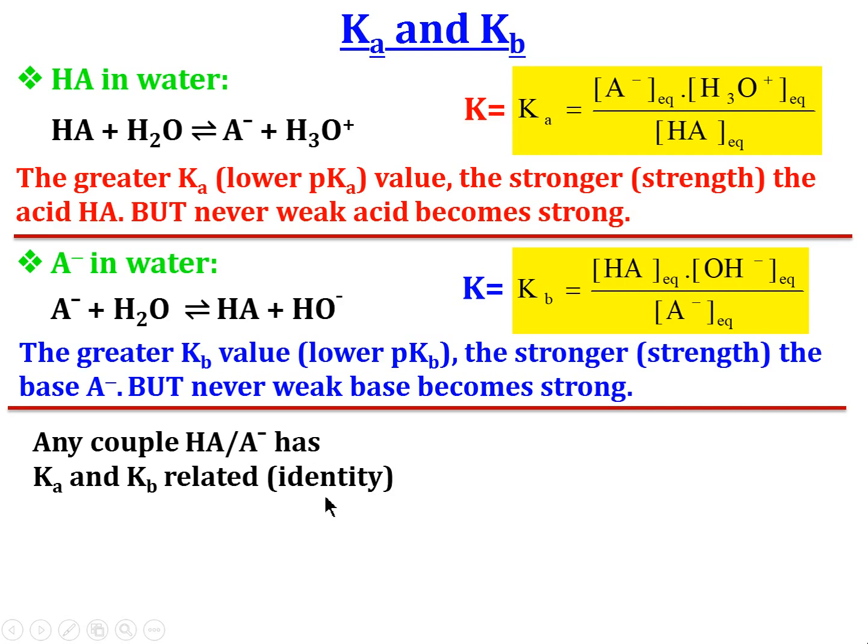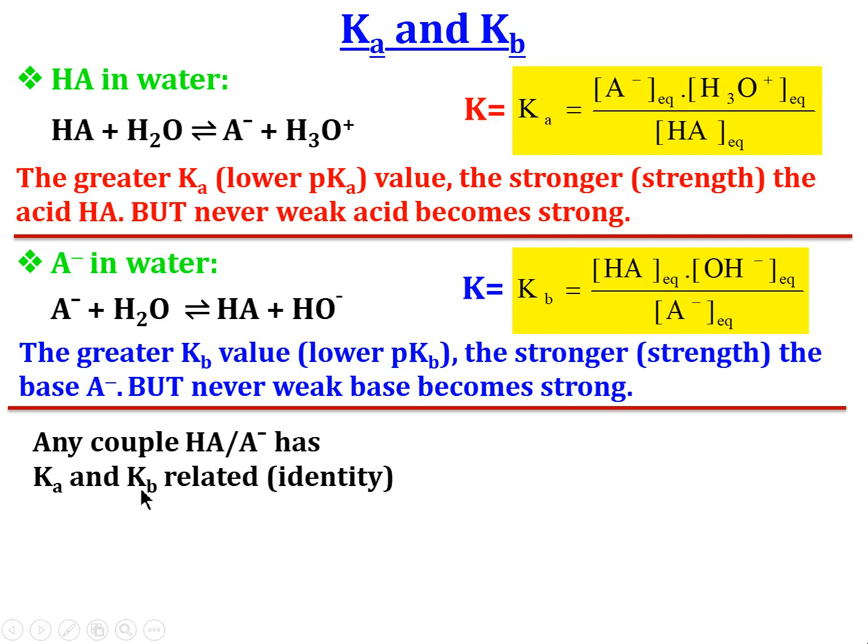Any couple HA/A minus has a known value of Ka and a known value of Kb at 25 degrees, and Ka and Kb are the identities of the couple HA/A minus. These values Ka and Kb can be used independent of the exercise.